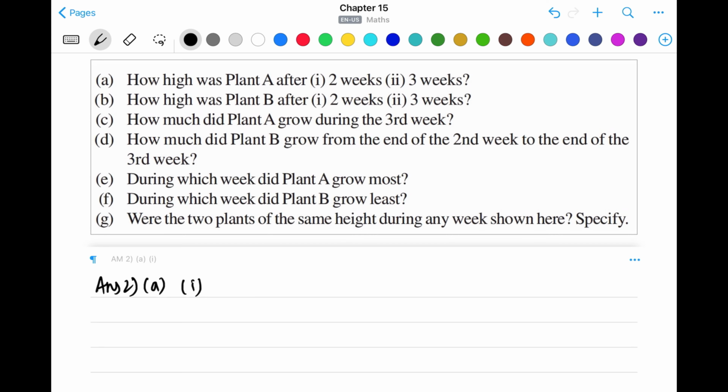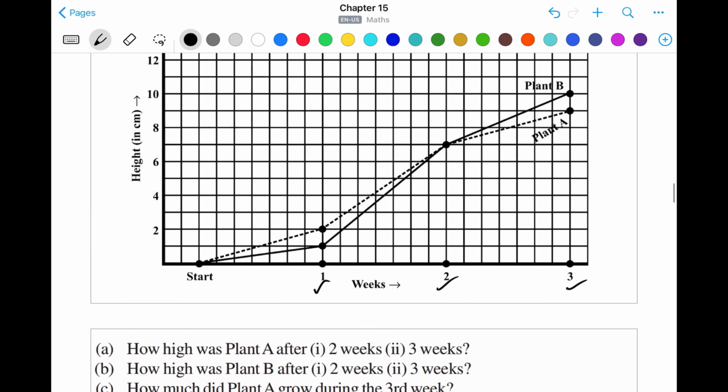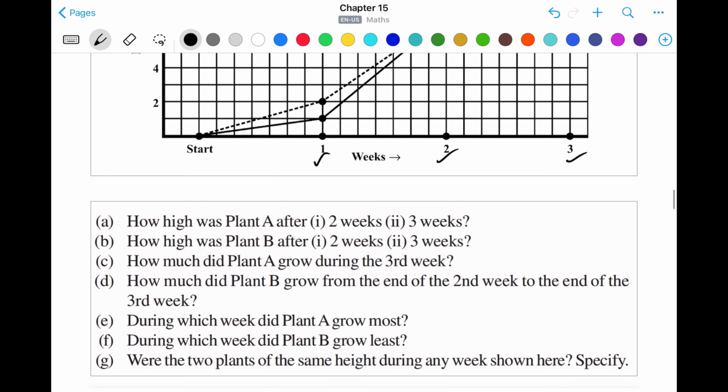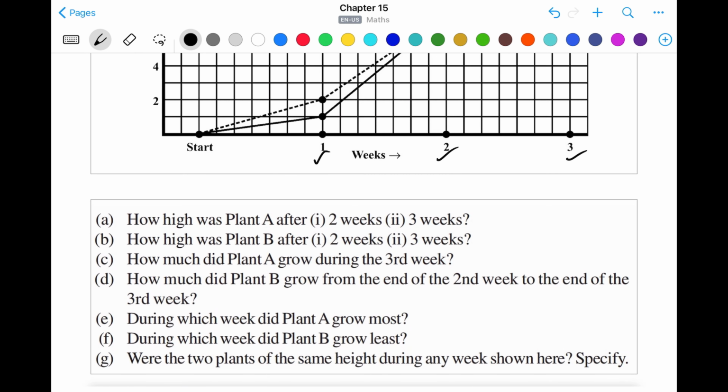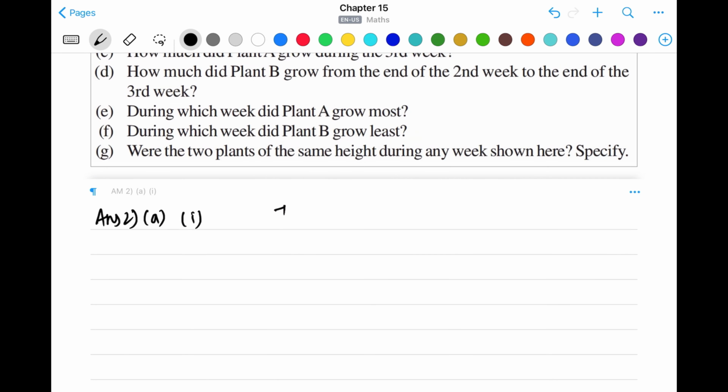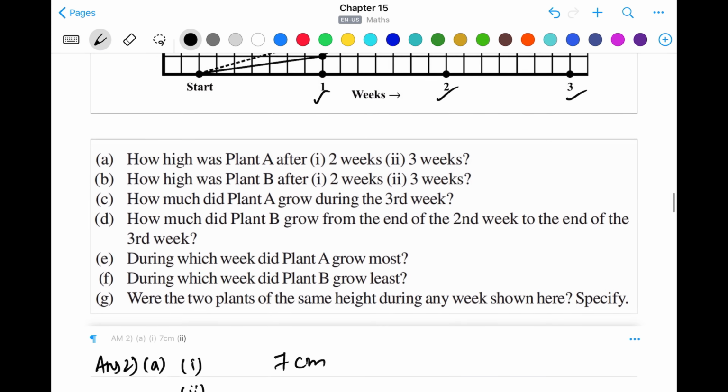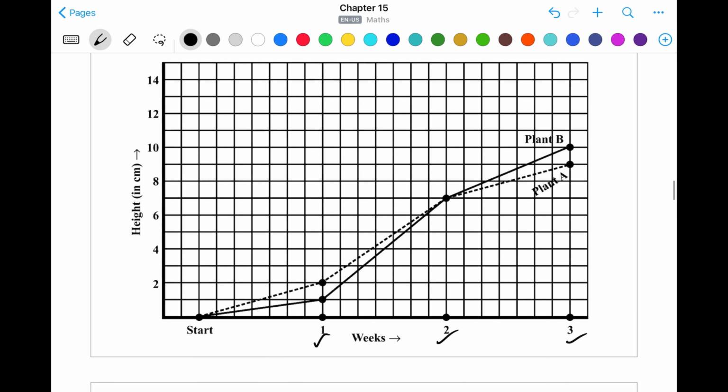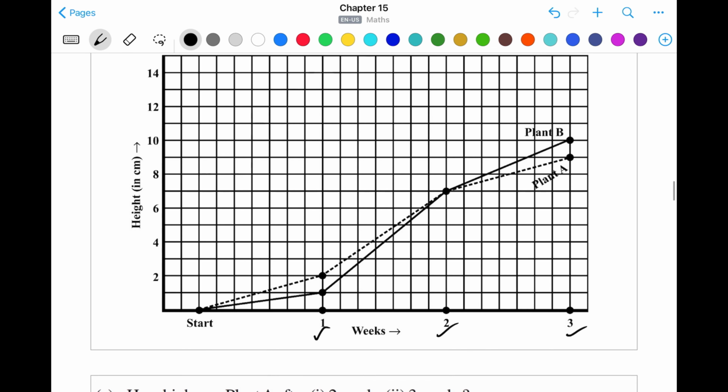After 2 weeks plant A was 7 centimeter long, and after 3 weeks it was 9 centimeter.